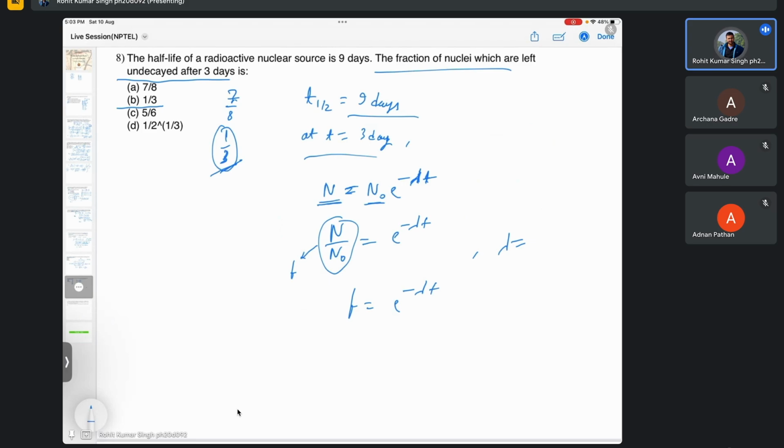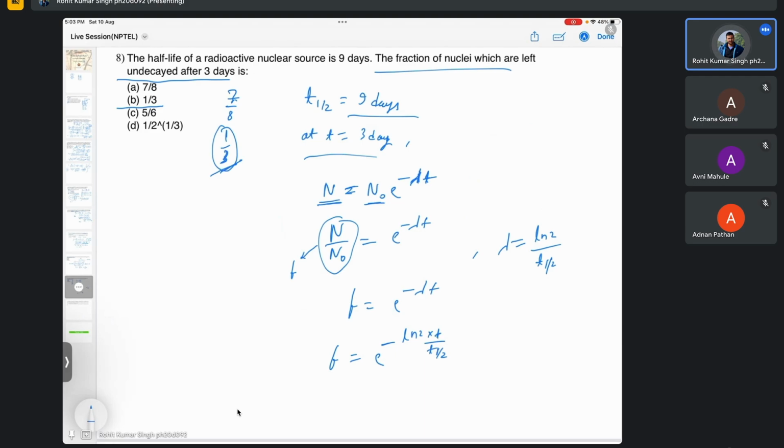Lambda equal to ln2 by T half. Do you know about it? Yes, sir. So then we can put it here: minus ln2 into t by T half.